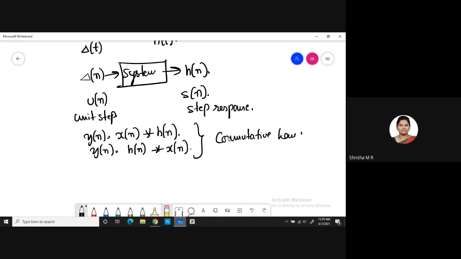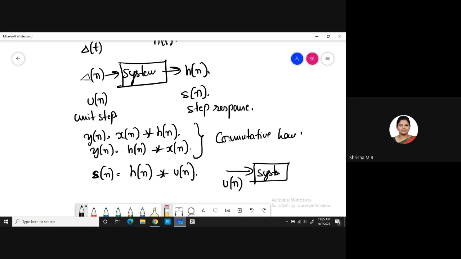So output y of n becomes s of n when your input x of n becomes u of n. It's h of n convolved with u of n. Got it? Is it clear? So when you're giving unit step signal as an input to the system, you get output as s of n, which is the step response. This is the unit step signal input and your output is the step response.